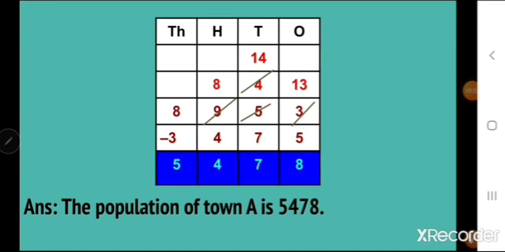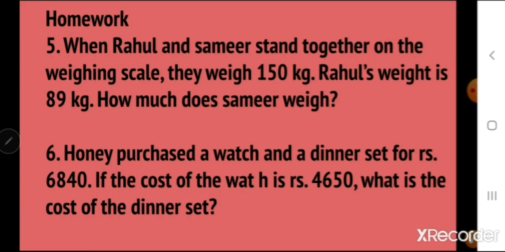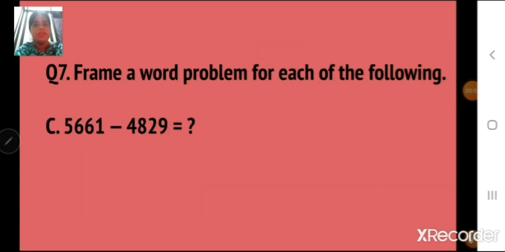Children, after this, note down your homework sums. Your homework sums are question number 5 and question number 6 from your textbook. Okay. Note down the question properly. After this, question number 7, frame a word problem for each of the following.